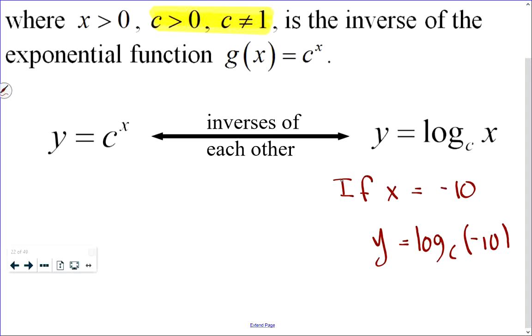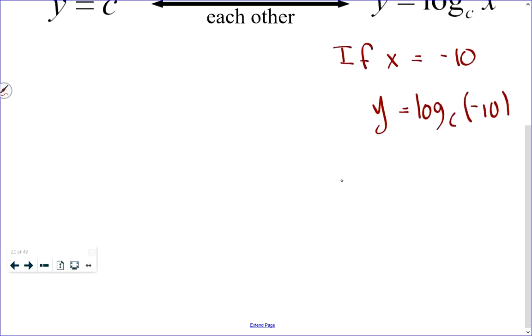But what does this mean? Well, I am going to tell you, and this is the advice I'm going to repeat again and again, that if you are looking at some expression, like say this one, and it doesn't make sense to you, you don't understand what it is it's telling you, translate it to the other language.